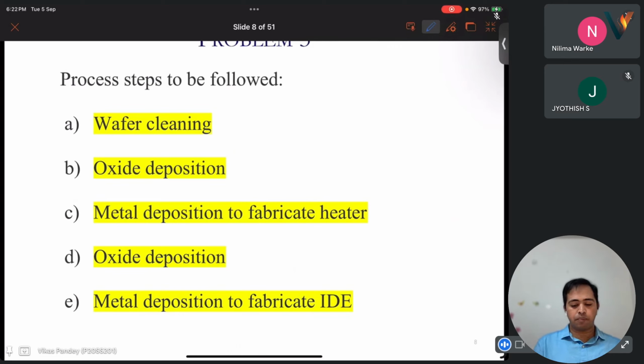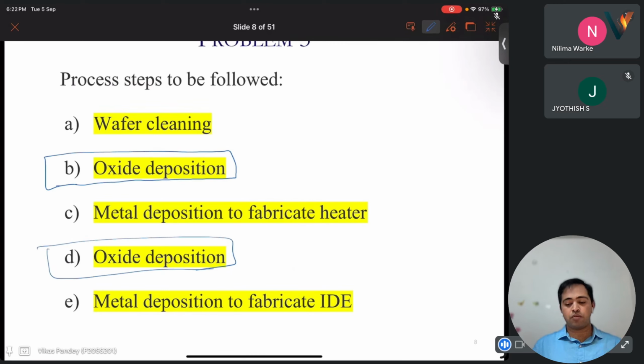And one more step I have added here, that is oxide deposition. In fact, there are two oxide depositions here. Why? The first one is, remember when we were talking in the previous example also, that on silicon we are putting SiO2 first. This one is also to ensure that it does not short.